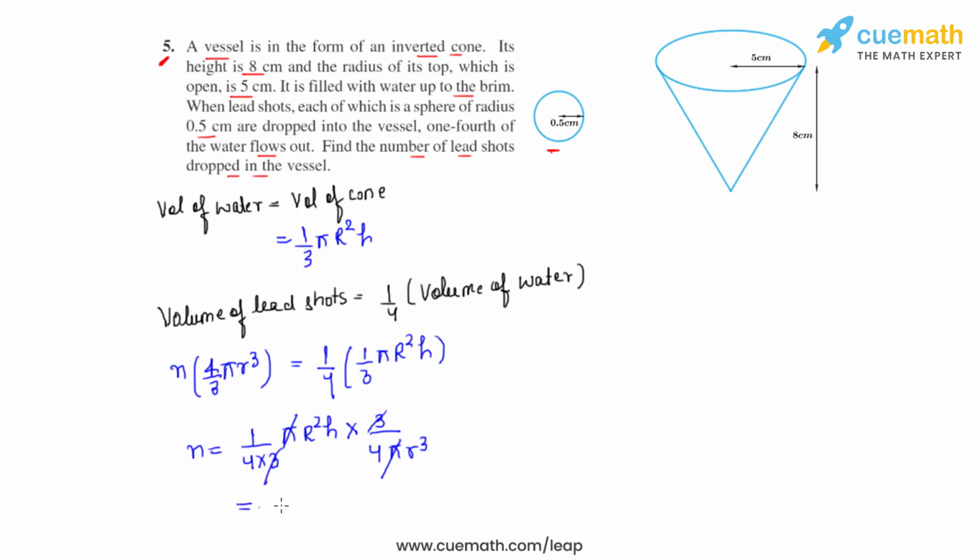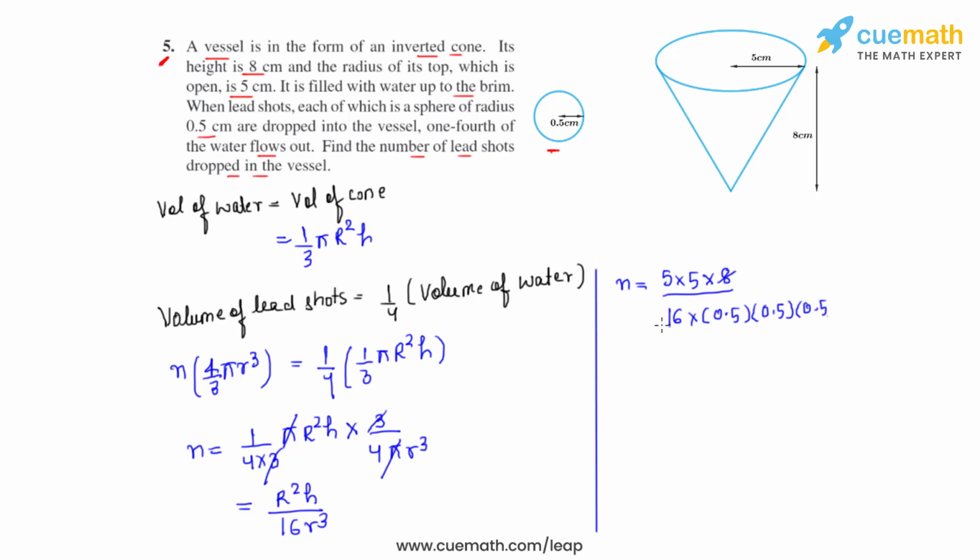So we are left with R square h divided by 16 r cube. So we can further take the calculation on the other side of the page. Now that gives us n equals R square, that is the capital R, 5 times 5 times h, which is 8, divided by 16 times 0.5 times 0.5 times 0.5.